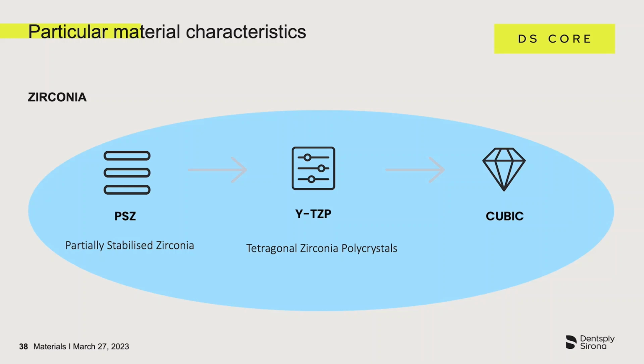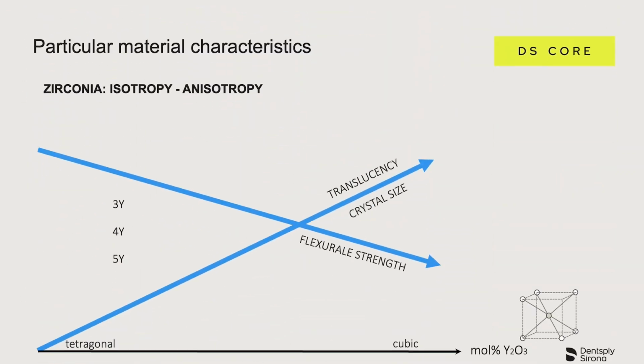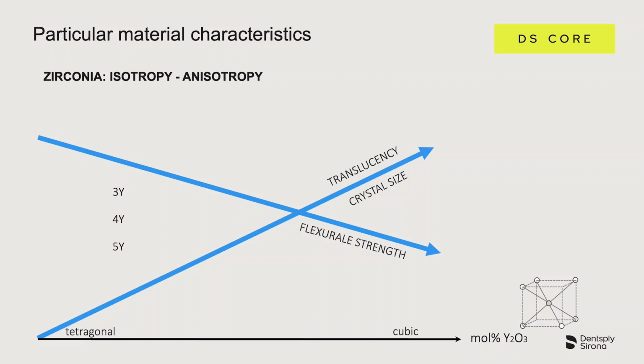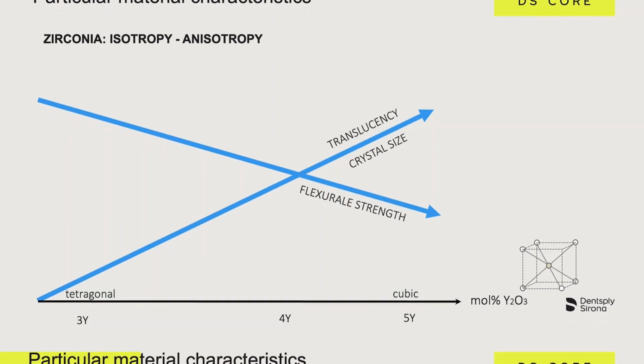This makes the material less stable but more translucent and therefore more aesthetic. This diagram shows us that with increasing yttrium oxide addition, the material becomes more cubic and therefore the translucency and the crystal size increase. At the same time, the bending strength decreases with increasing yttrium content.